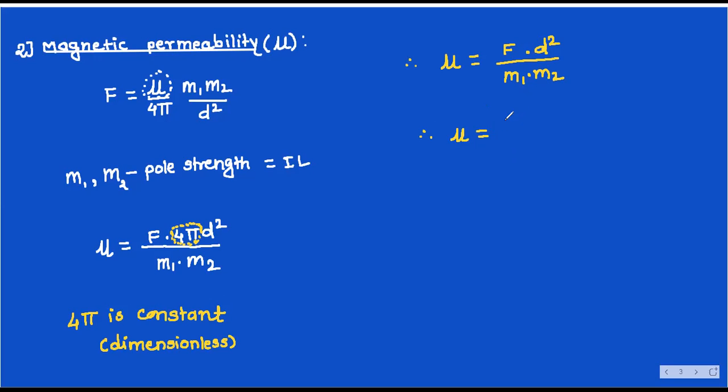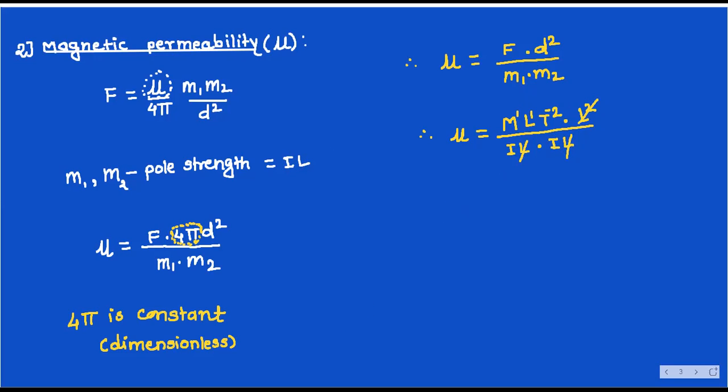Now mu is equal to F, whose dimensions we know: 1 in mass, 1 in length, minus 2 in time. D square means distance, so this is L square, divided by m1 and m2, which I already told you: for M1 it is I into L, and for M2 also it is I into L. Now this L and this L will cancel with this L square.